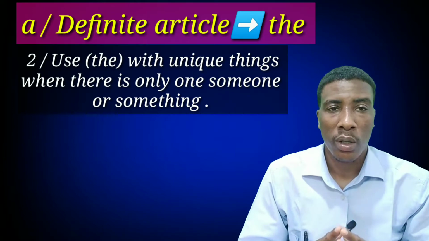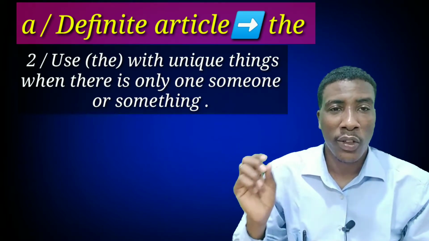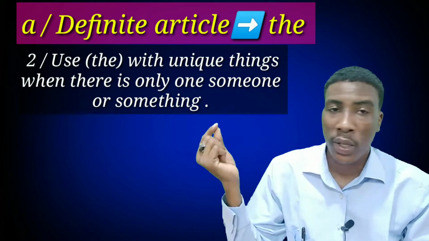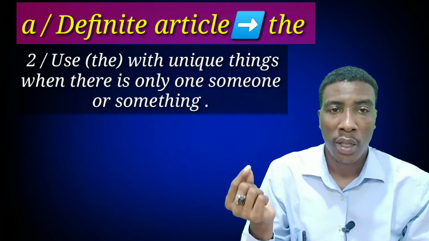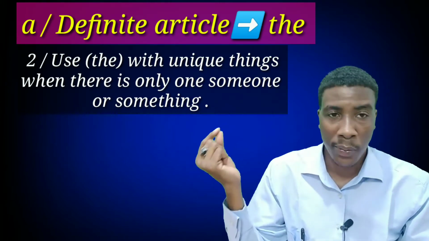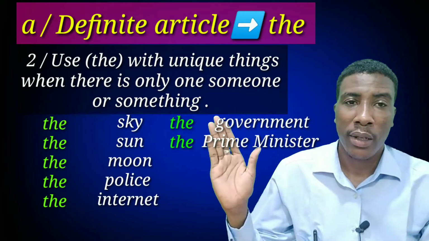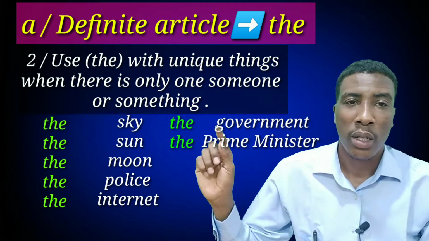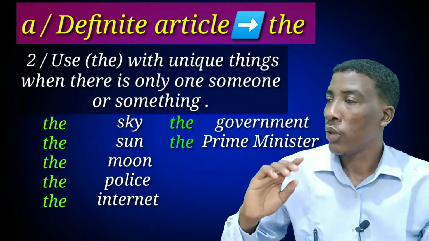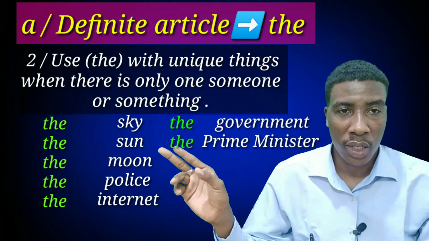Rule number 2: use the with unique things, when there is only one someone or something. For example, the sky, the sun, the moon, the police, the internet, the government, the prime minister.